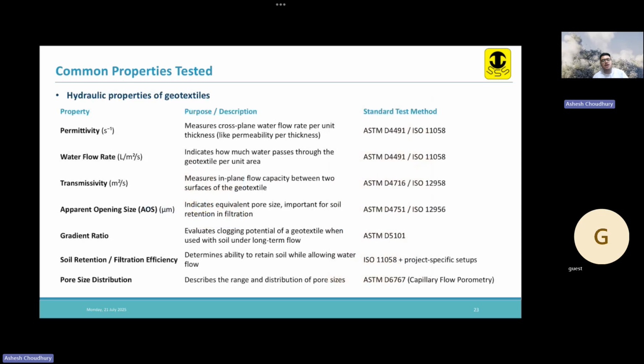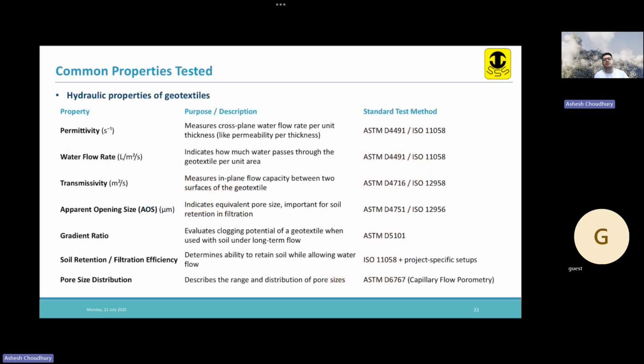We will see that. Next, we have the aperture opening size, which indicates equivalent pore size, important for soil retention and filtration. Then we have gradient ratio, which evaluates clogging potential of a geotextile and is used with soil under long-term flow.